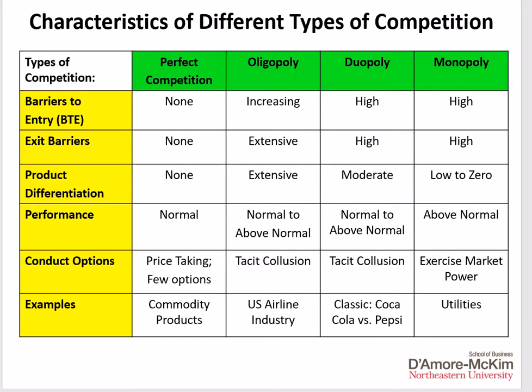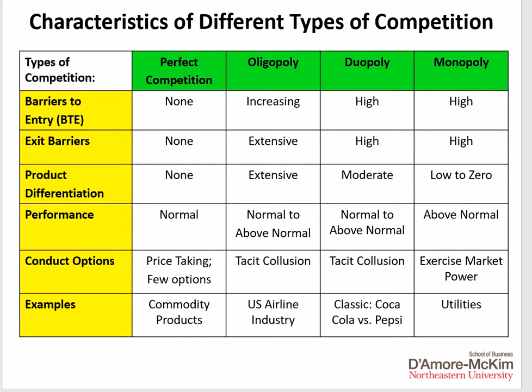We would expect firms to have the most profits under monopoly, and then under oligopoly or duopoly situations, again, we'll have some potential for above normal profits. And what this is basically saying is as we move from perfect competition towards monopoly, the level of potential profits goes up. In terms of competition and conduct, under perfect competition, we see price taking. In other words, firms take whatever price is out there based on supply and demand.